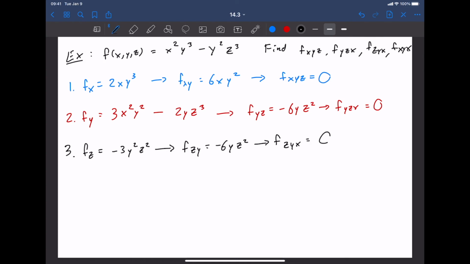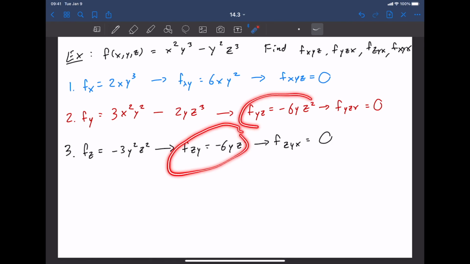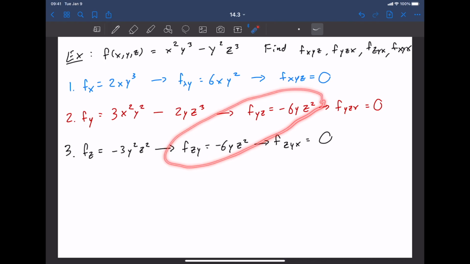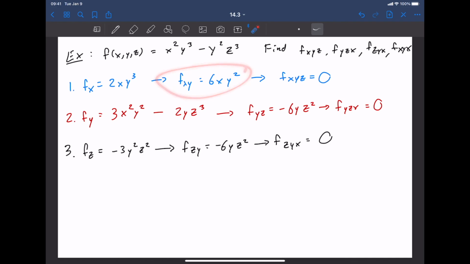Well, with respect to x, the whole thing is still a constant. Okay? Notice how these two were the same. So if we already were believing Clairaut's theorem, we know that fyz is going to be the same as fzy. These two were already guaranteed to be the same. Okay? Was fxy the same? No, because these have different letters. But these have the same letters.